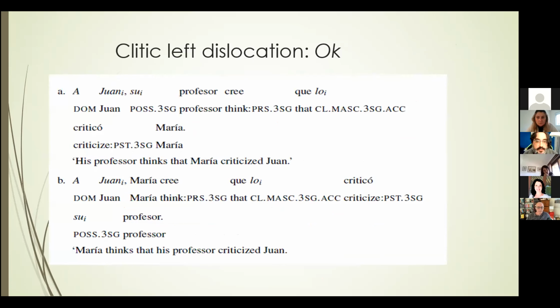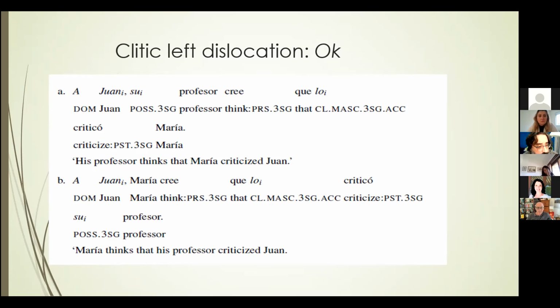Sorry, this is the clitic left dislocation pattern, in which you can see that the weak crossover is always suspended, regardless of the position of the possessive. So if you have an embedded clause, then you can put the possessive in the main clause or in the subordinated clause, and the effect is always the same.